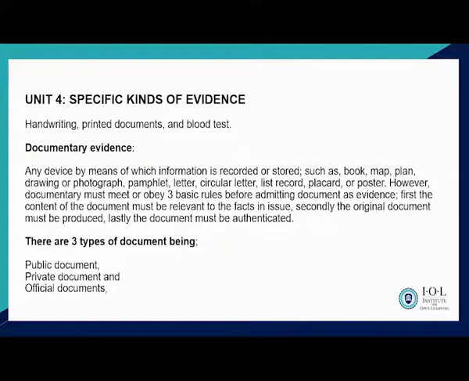First, the content of the document must be relevant to the facts in issue. Secondly, the original document must be produced. Lastly, the document must be authenticated. There are 3 types of document: public documents, private documents, and official documents.